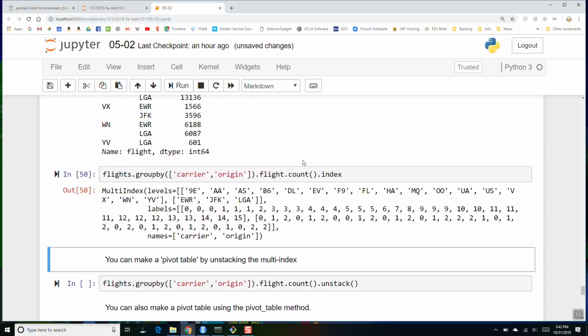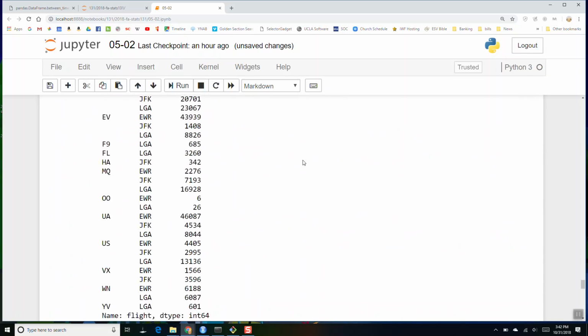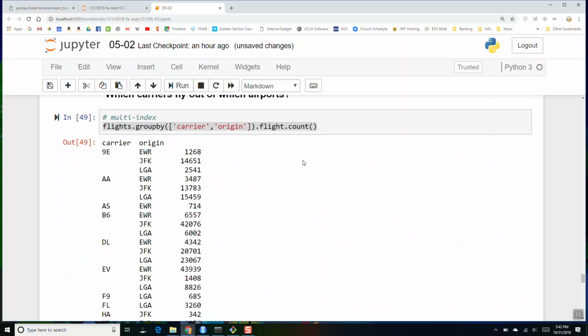Okay, so the multi-index arranges it this way, and you can create a pivot table where this is all technically correct. You can imagine, if we're dealing in R and we're using tidyr, this is where the values have been gathered.